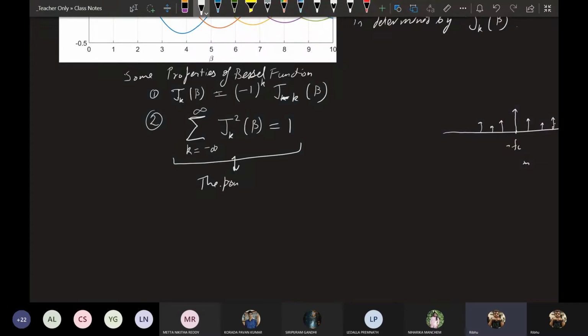which means the power contained within all sidebands of the signal is fixed. Fine.